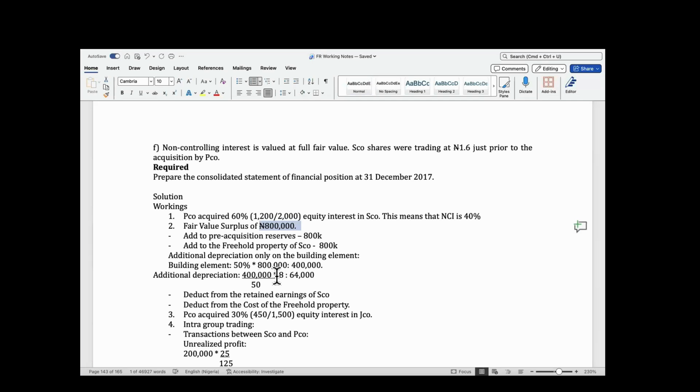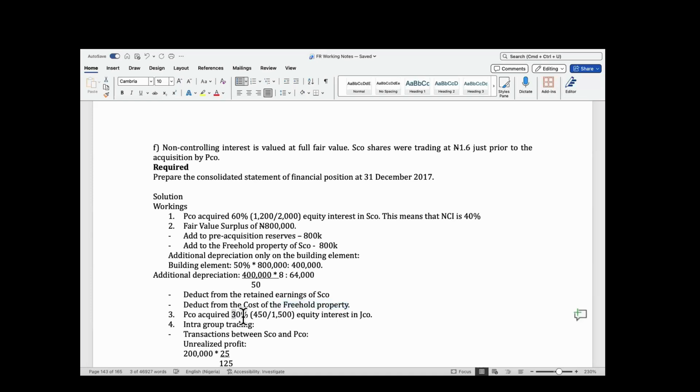So that's why we are multiplying it by 8 years. That's 64,000. This 64,000, we are going to remove from the retained earnings of the subsidiary, because they have not charged this depreciation they were supposed to charge. We'll remove it from the profits. I would also remove it from the value of the assets because it's depreciation.